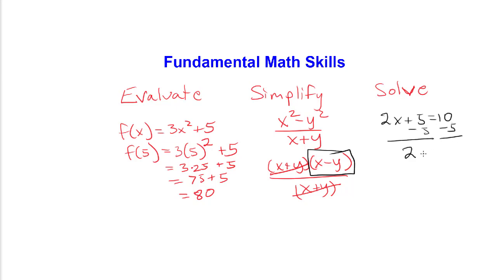The 5 minus 5 cancels. 2x equals 10 minus 5, or 5. Now I divide through by the coefficient to isolate my variable x. And sure enough, x equals 5 halves. And that's your answer. So in most problems, just remember in general, they're going to ask you to evaluate, simplify, or solve some type of expression or equation.